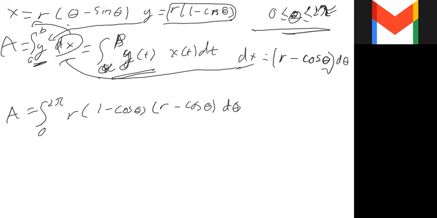Okay, cool. So we got 1 minus cos theta and 1 minus, oops, derivative.